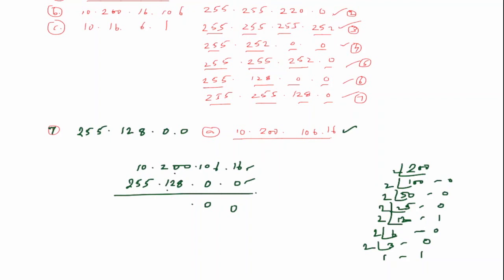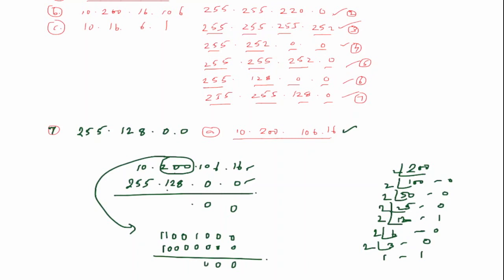So in binary it is 1 1 0 0 1 0 0 0, and ANDed with 128 it gives 128. 10 and 255 is 10, so it is 10.128.0.0.